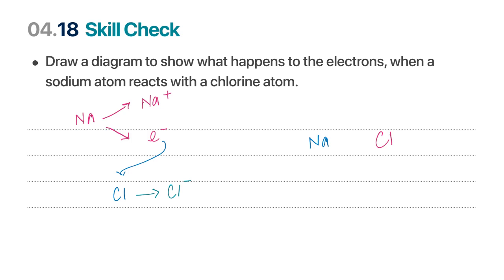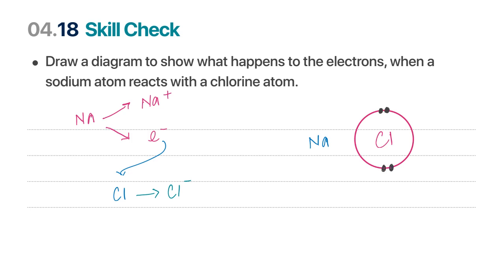So let's draw that. Okay, like that. And let's draw some electrons on it. Now chlorine has 7 electrons, and I'll draw them in pairs because it's easier for me and easier for everyone.